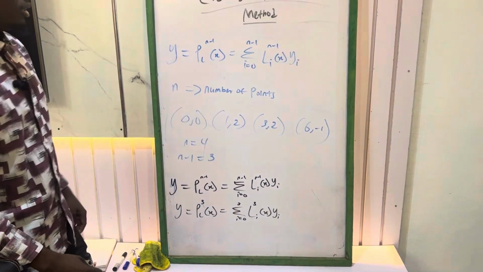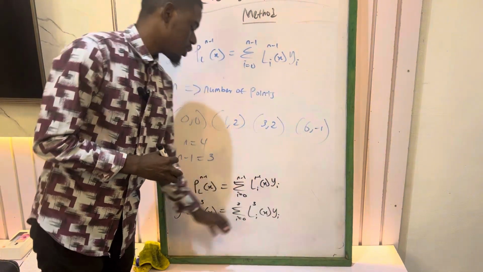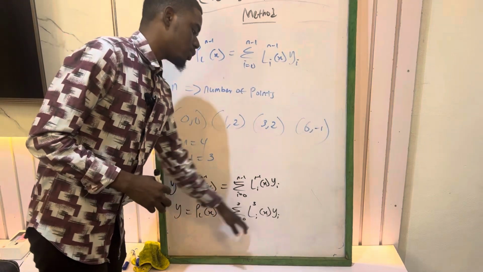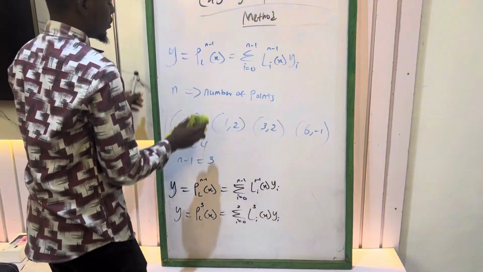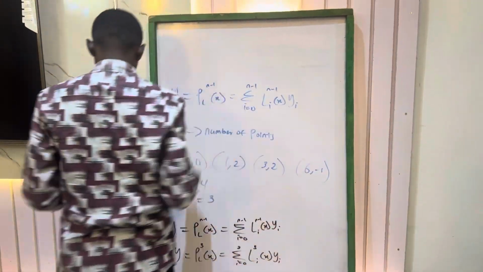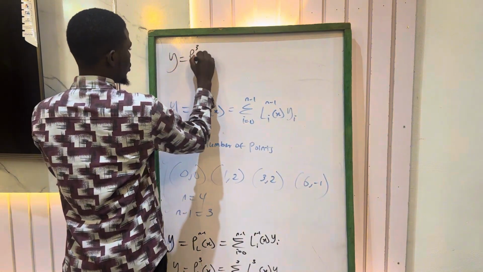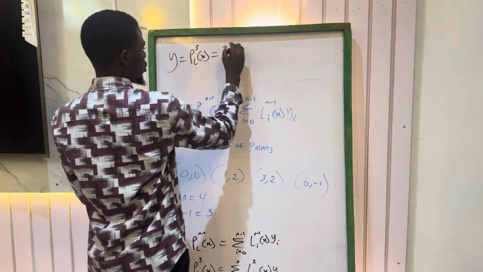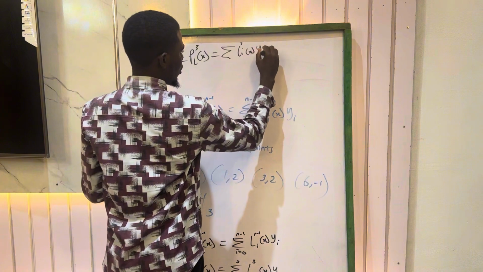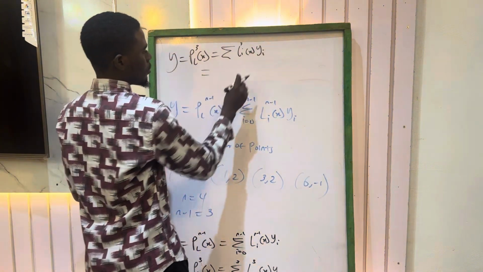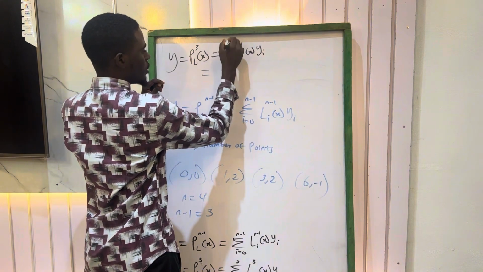So since we've already gotten this, the next thing we're going to do is ask what our L_i, which is a function of x, represents. We're going to try to simplify this further. So y, which is equal to P_3 of x, is also equal to the summation of L_i of x to the third power times y_i.